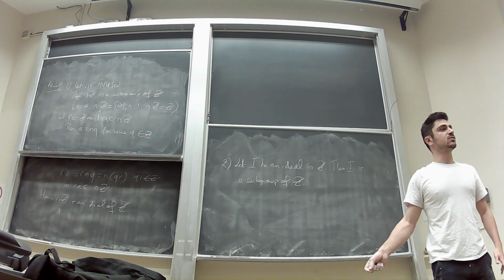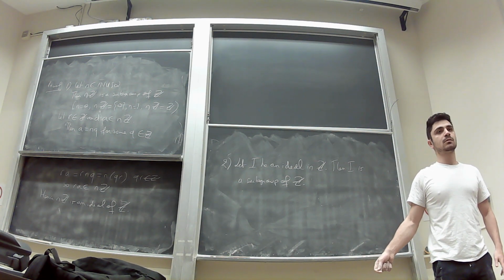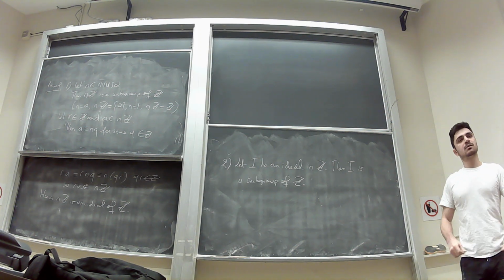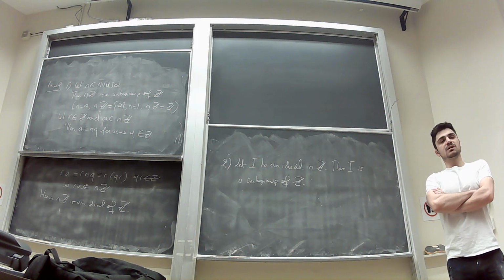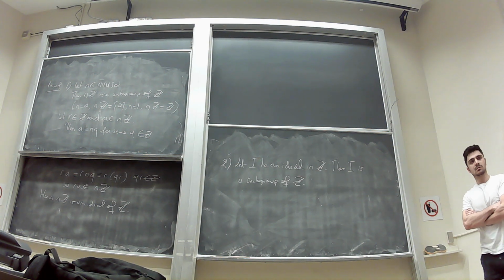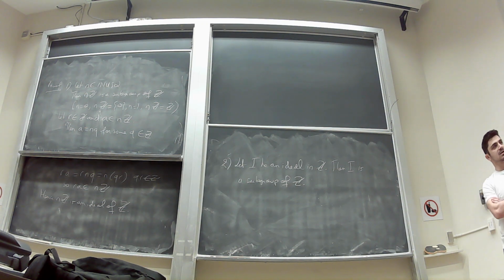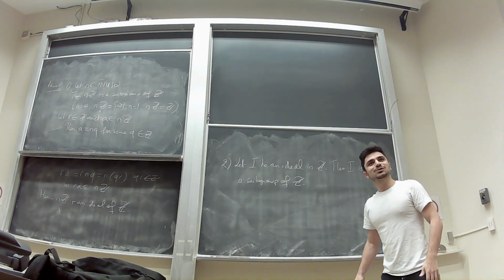You saw this in homework, where you proved that every subgroup of a cyclic group is cyclic, and you pick the smallest element n that belongs to the subgroup. You remember that, right?